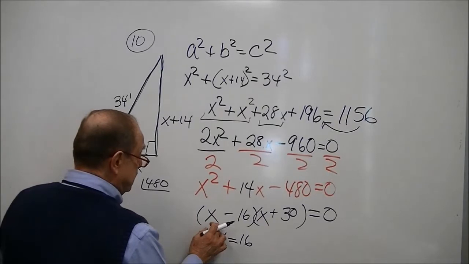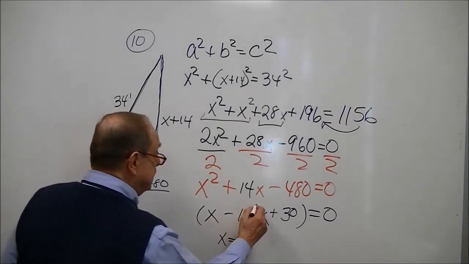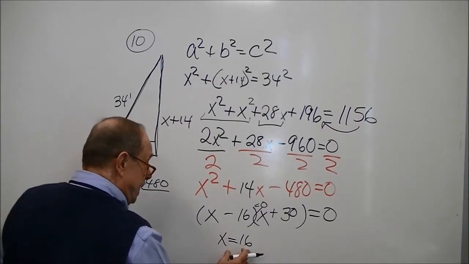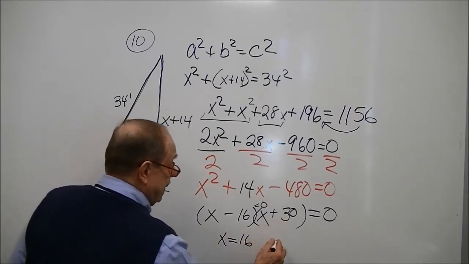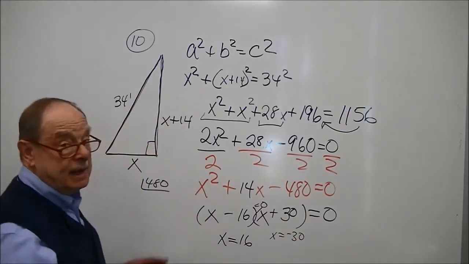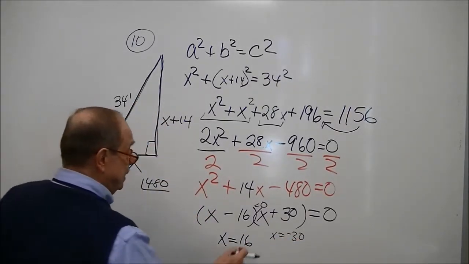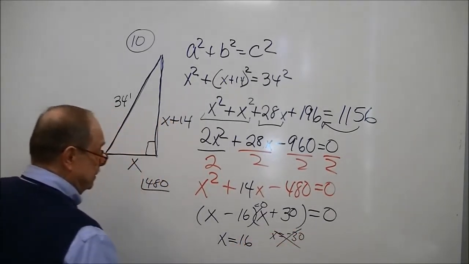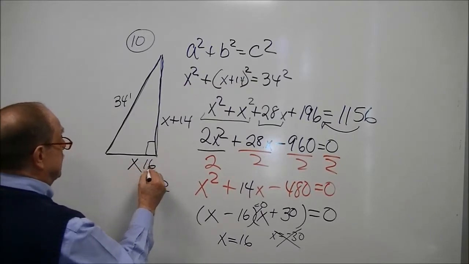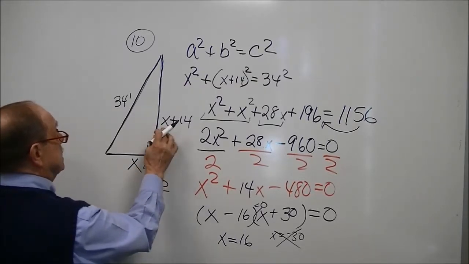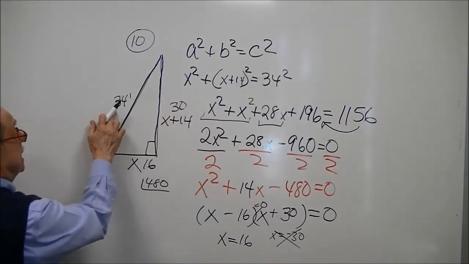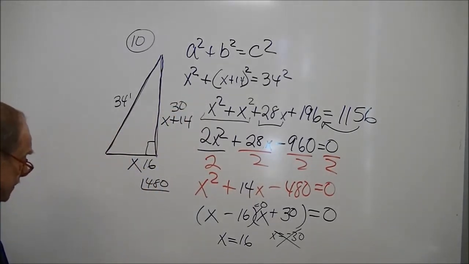So then when we had x minus 16 equals 0, this is going to be our value of x. Here, x would equal a negative 30. And you can't have anything that has a negative 30 value, so we reject that one. And x is 16. 16 plus 14 is 30, and our hypotenuse is 34.